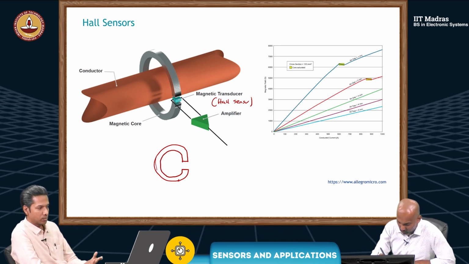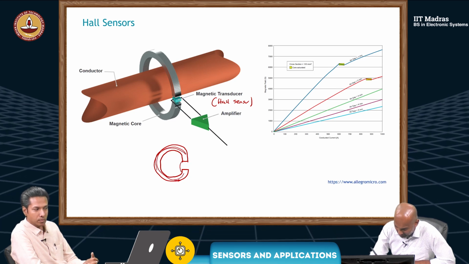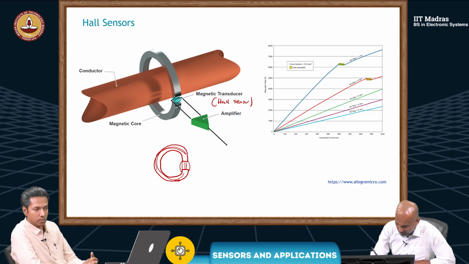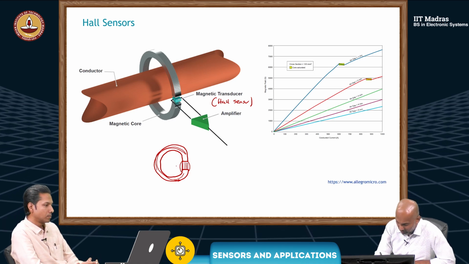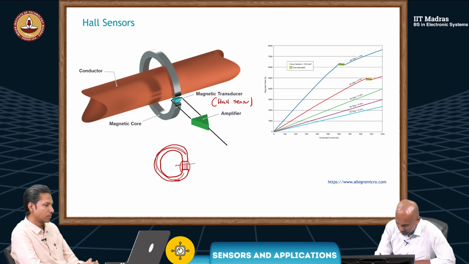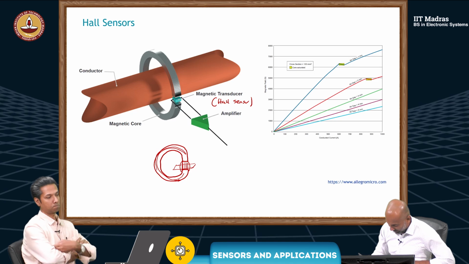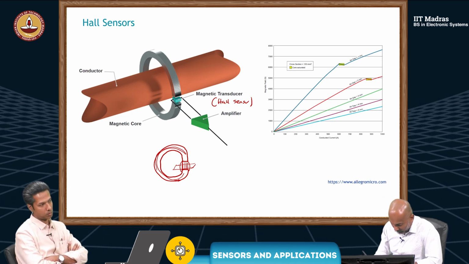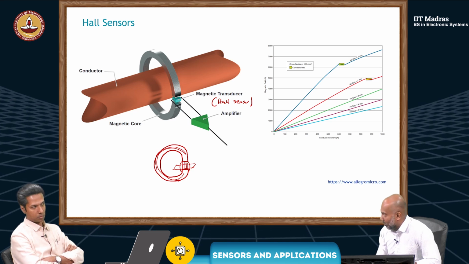You have your flux lines going around, and here you'll have the magnetic field, and your Hall sensor is then introduced here, perpendicular. Now, this air gap that we have is actually very small.